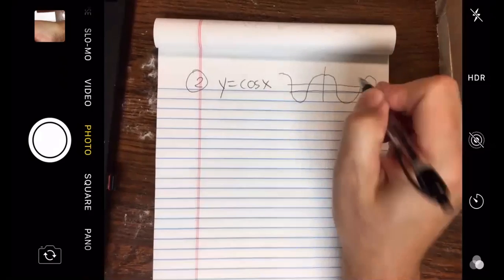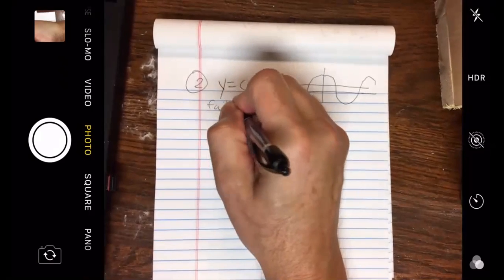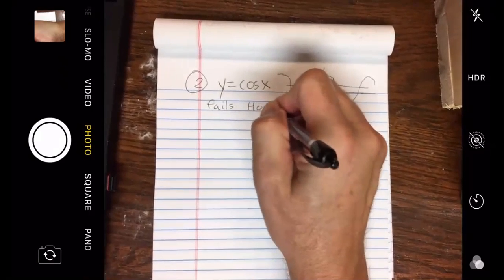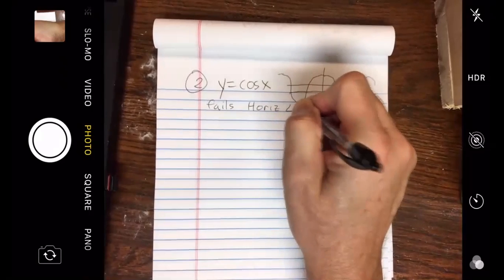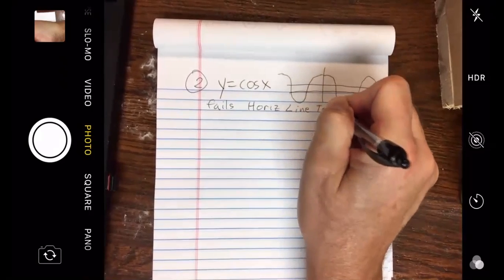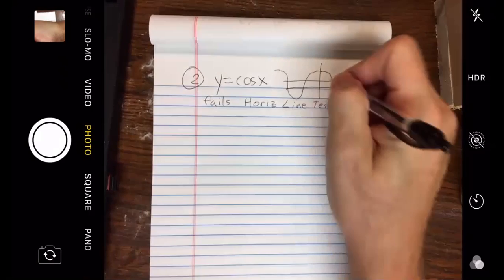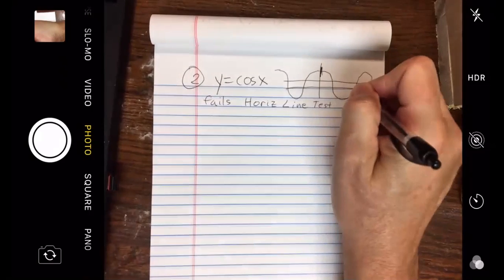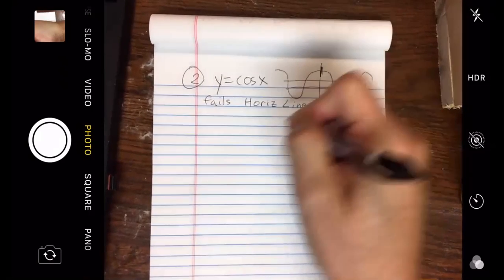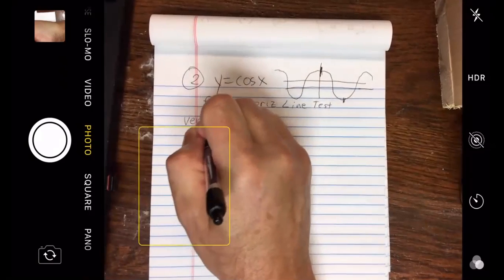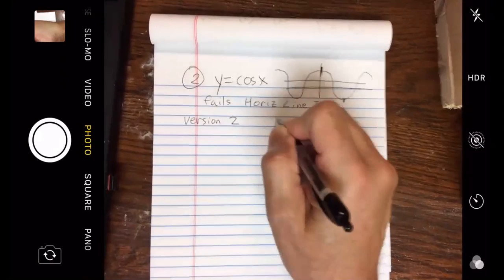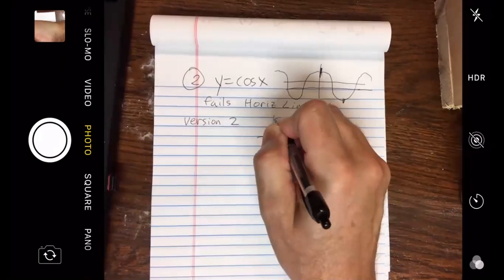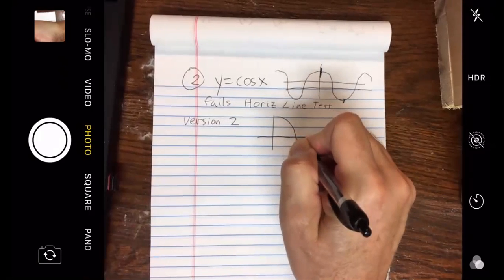Again, it fails the horizontal line test. They restrict it here and here. So version 2, here to here.